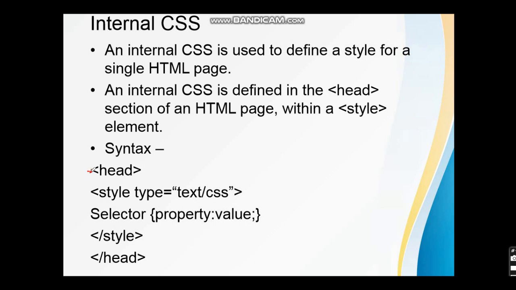In the head container, you can see there is a style element. See here, style opening tag and closing tag. Together this is called a style element, right? So here, for styling a single HTML page, we are making use of internal CSS.